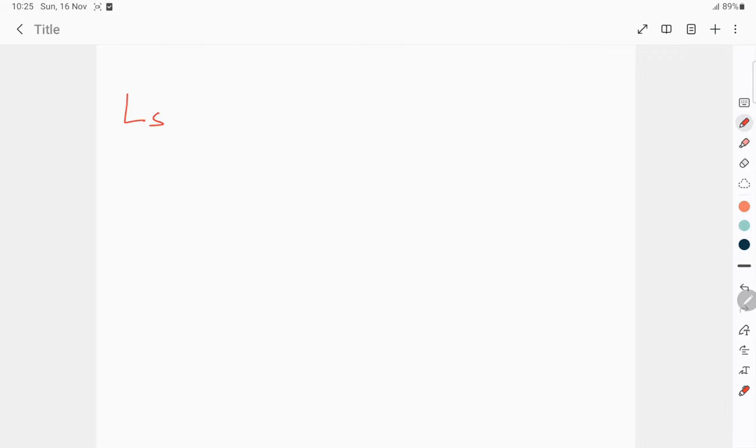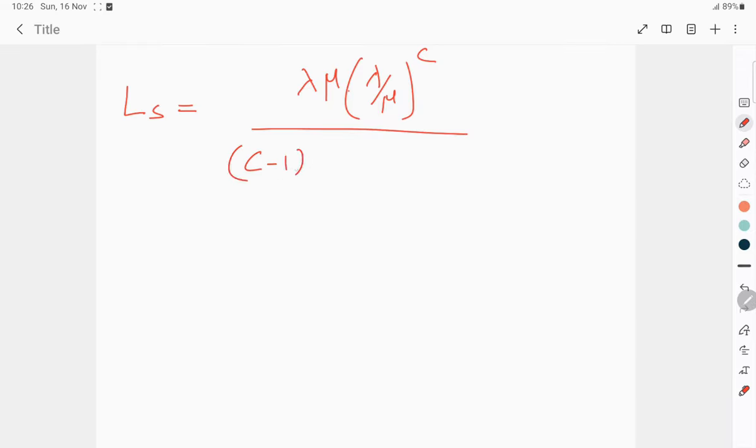So LS is equal to, the formula is, lambda into mu into (lambda by mu) raised to c divided by c minus 1 factorial into (c mu minus lambda) the whole square, into P0, plus lambda by mu.